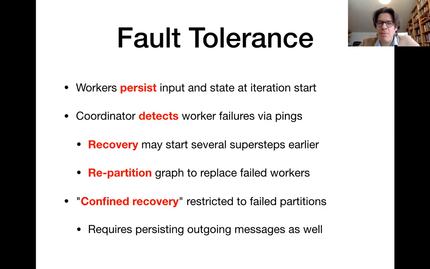They also describe a more refined recovery mechanism in the paper, which they call confined recovery. Here the idea is basically that the workers log even more data, and that allows us to restrict the recovery efforts only to those parts of the graph that were assigned to workers that failed. So here we log a little bit more, and therefore we would have to do less work at recovery time.